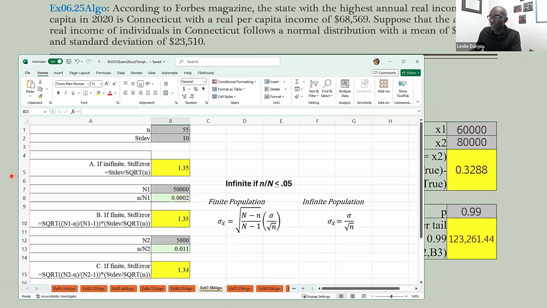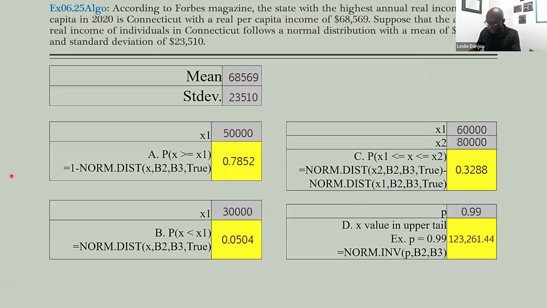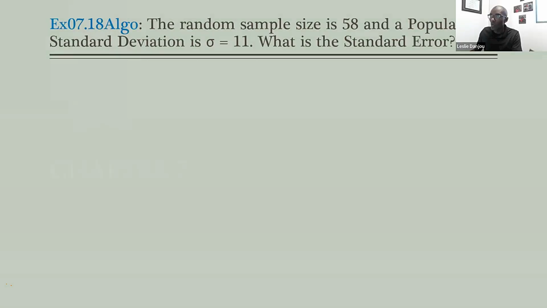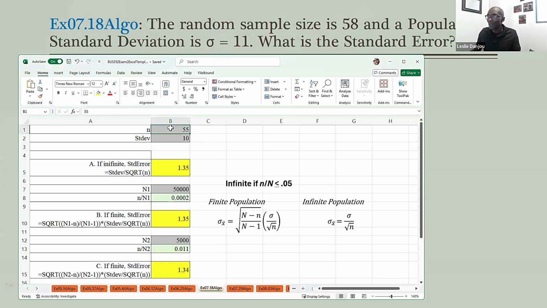All right. So let's go to 7.18. We're going to put in the sample size. We're going to put in the standard deviation and get to work. If you did it right, it should automatically update your standard error.